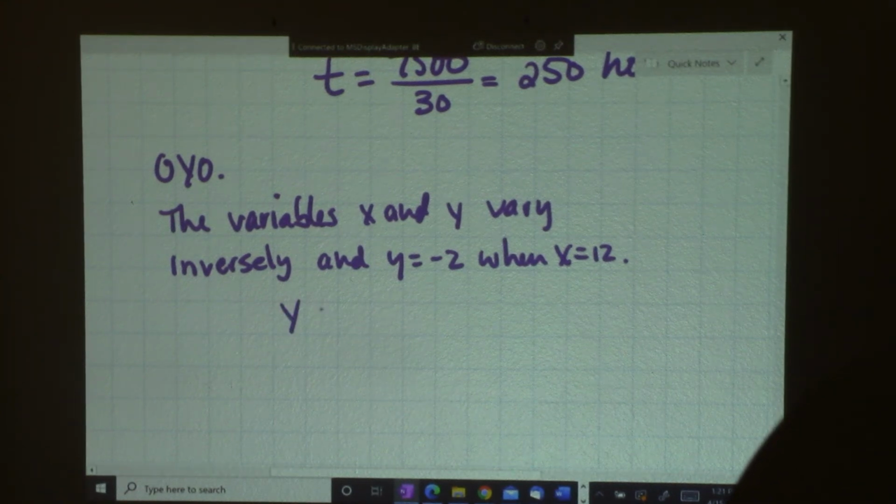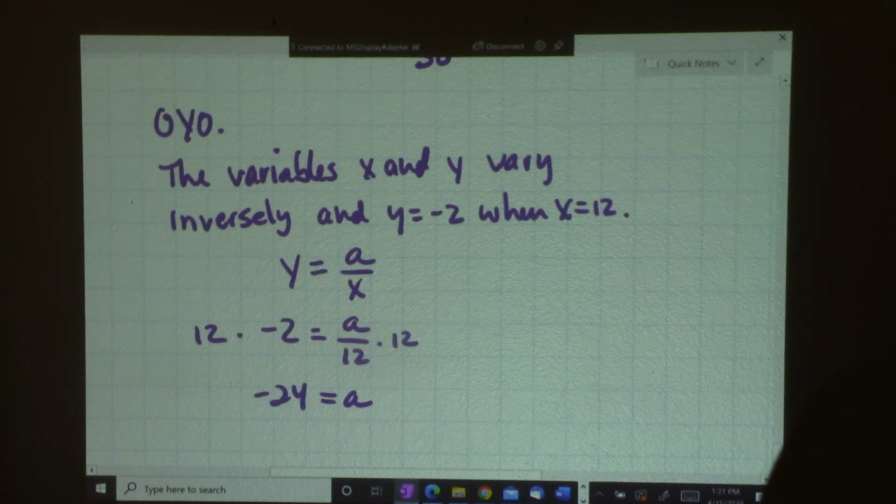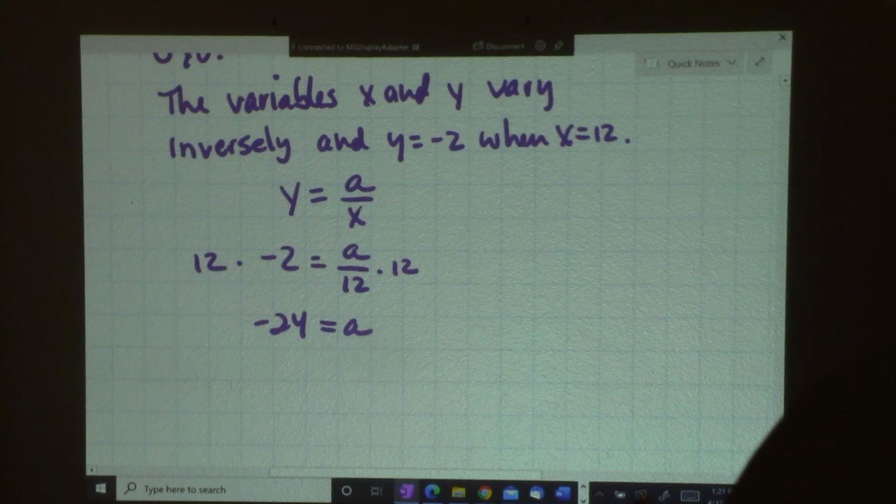Okay, so I start with my formula. I want to solve for A. So I put -2 in here and 12, and now I'm going to multiply, so I get -24. So A is -24. So here is my inverse function, -24 over x.